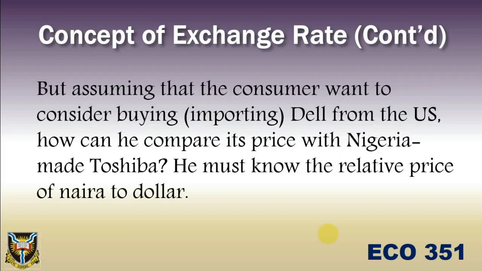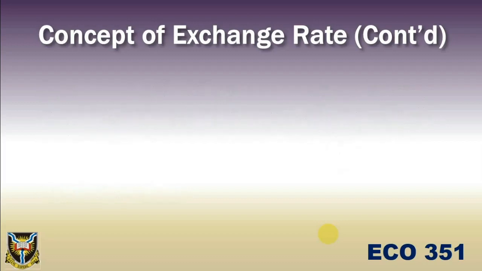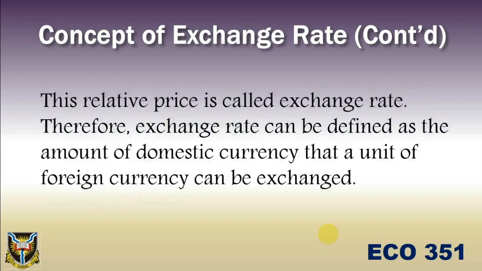He must know the relative price of naira to dollars. This relative price is what is called exchange rate. Therefore, exchange rate can be defined as the amount of domestic currency that a unit of foreign currency can exchange for.